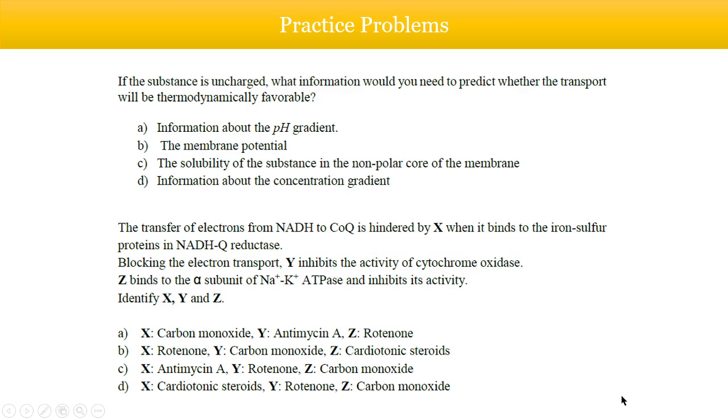Great. So the next one says, if the substance is uncharged, what information would you need to predict whether the transport will be thermodynamically favorable?